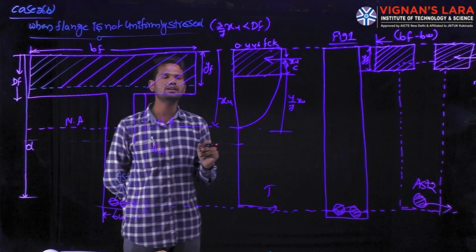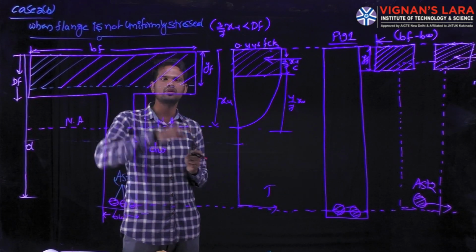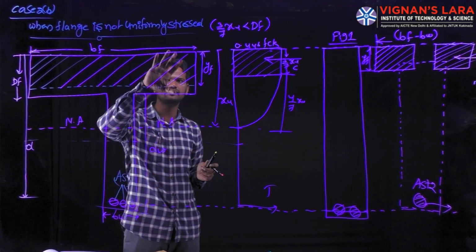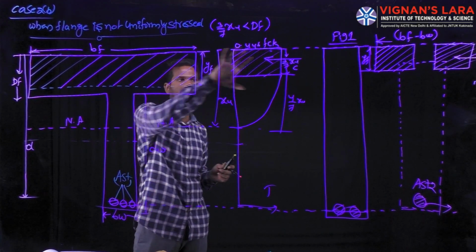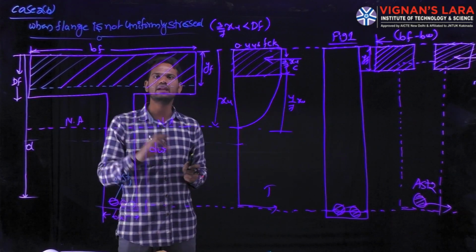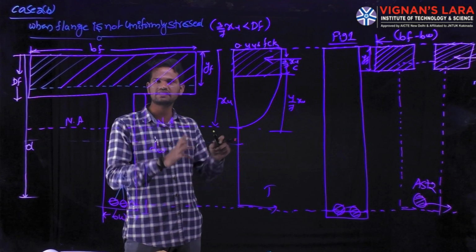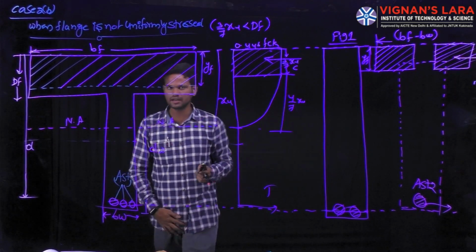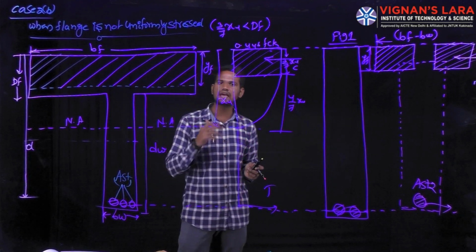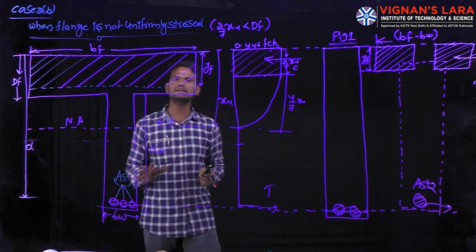In the previous condition, only rectangular stresses develop in the flange portion. There is no parabolic stress, that means no linearly varying stresses, when the depth of the neutral axis exceeds the depth of the flange.